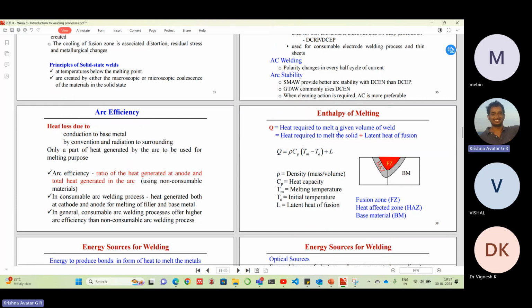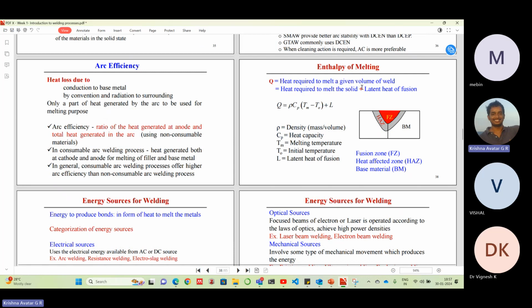The heat required to melt a given volume of weld is equal to the heat required to melt the solid plus the latent heat of fusion. First of all, we need to increase the solid from its ambient temperature to the melting temperature.